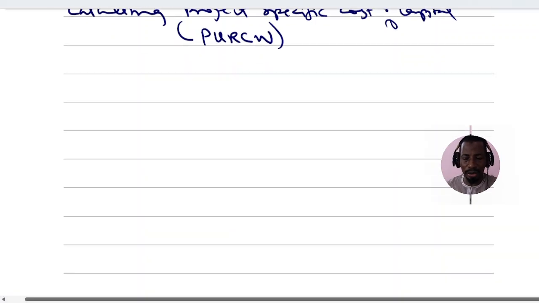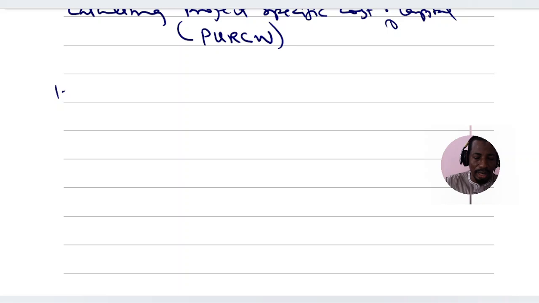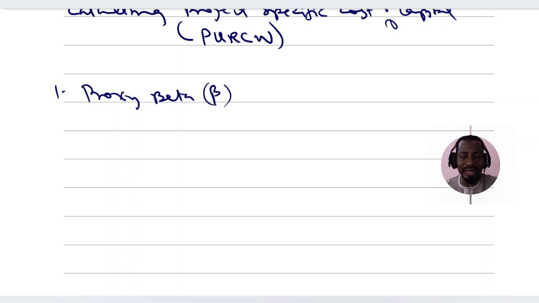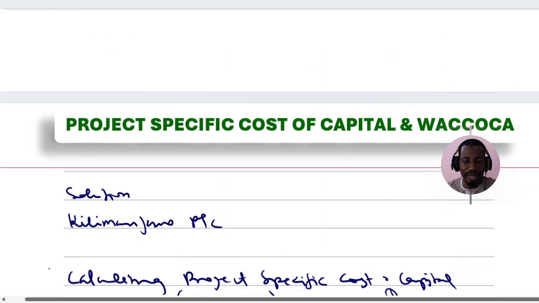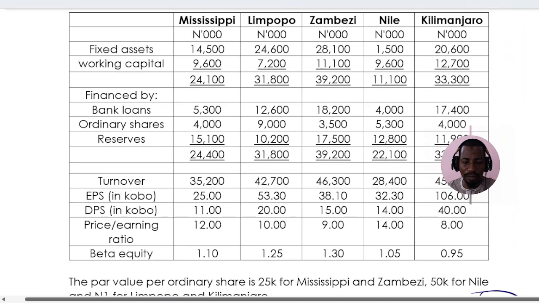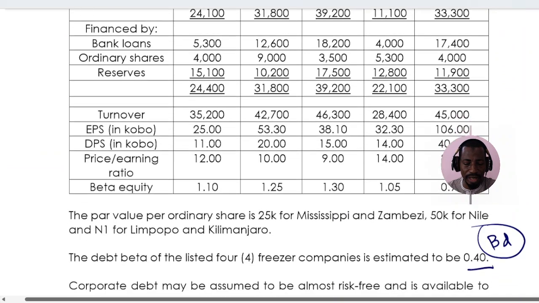This is the exam method. For step 1, there is no need for you to say identify the proxy beta. Simply say proxy beta. So I will then go to the question. I need to identify the proxy beta for freezer production.